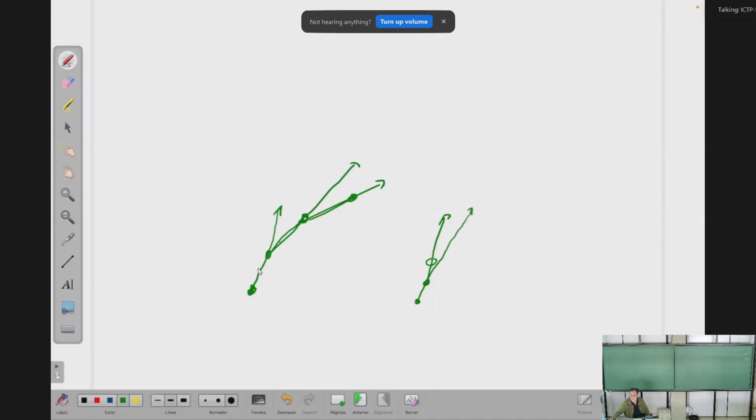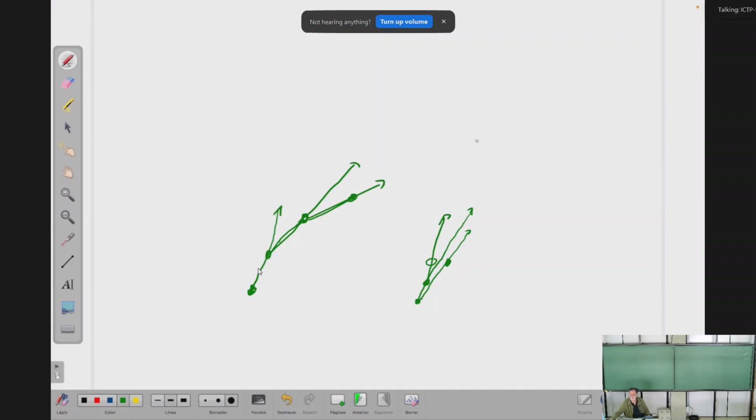And now I use this vector field, translate it to here, and move along this vector field the whole distance, so I will get this point. Okay? This algorithm is called the midpoint.